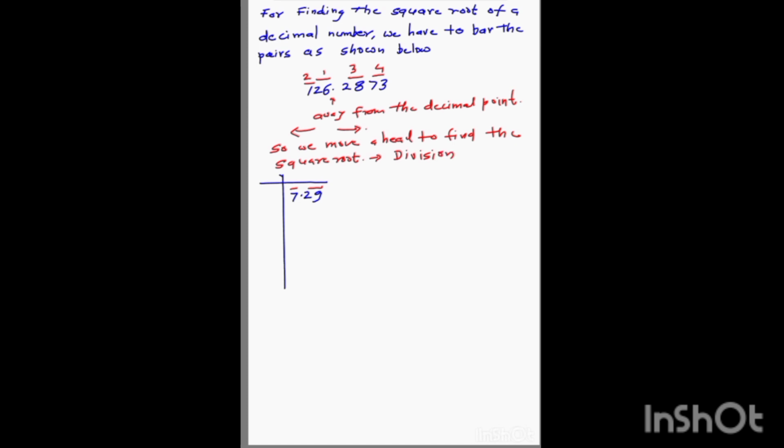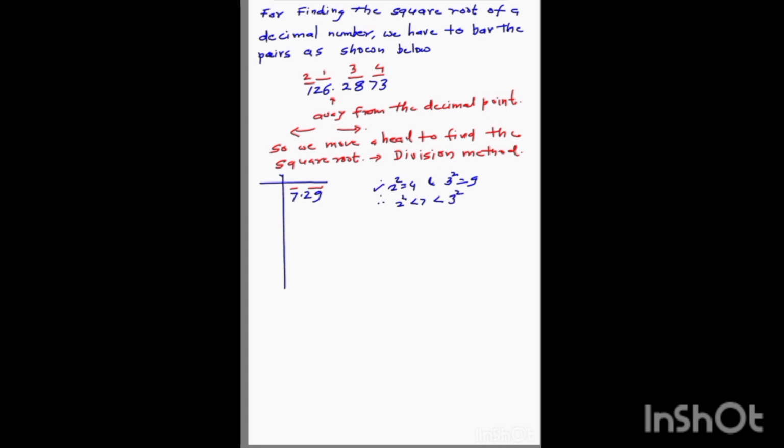Then you have to concentrate on 7 and see which square number is less than 7 and very near to 7. So 2 squared is 4 and 3 squared is 9. So we have a condition where 2 squared is less than 7, which is less than 3 squared.